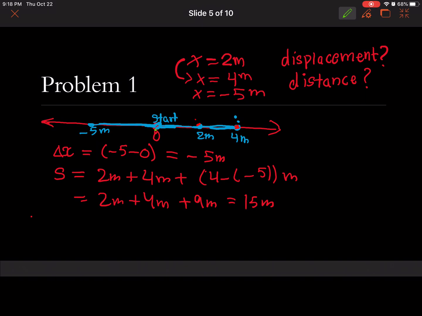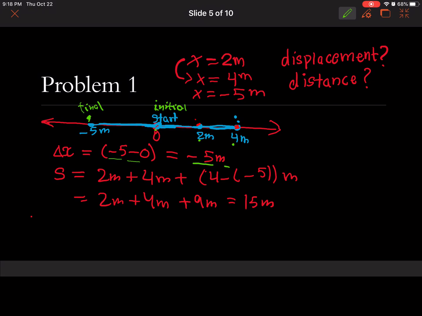I start at 0, I go to x equal to 2, to 4, and then I stop at negative 5. That's what I just said, right? So this is my initial, this is my final. So it would be final position minus initial, so displacement is negative 5 meters. So the object is displaced by negative 5 meters.